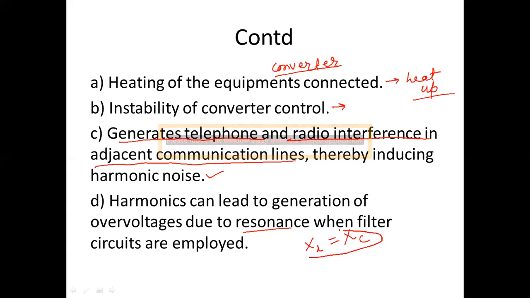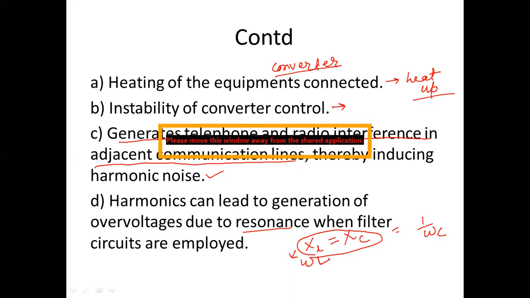A time will come when, if we change the frequency, where XC is 1 by omega C and XL is omega into L, a frequency will occur at which the inductive reactance and capacitive reactance become the same. At this condition, resonance will occur, which is highly undesirable, and it occurs due to the harmonics in the system.